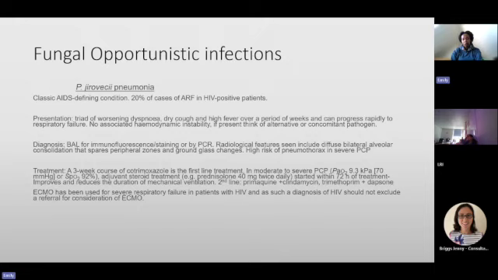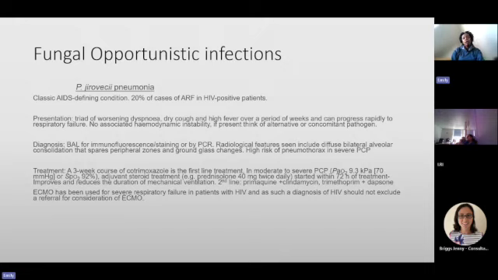It's the first line of treatment. However, there's a patient who will come in with sulfur allergy, so trimethoprim and dapsone can be used in such cases. As a second line, primaquine, clindamycin, and atovaquone are second line treatment.